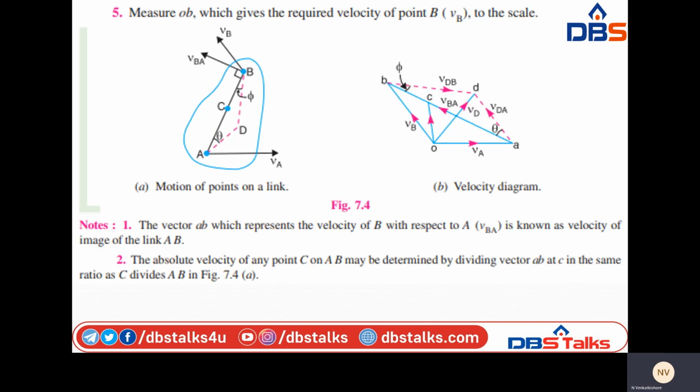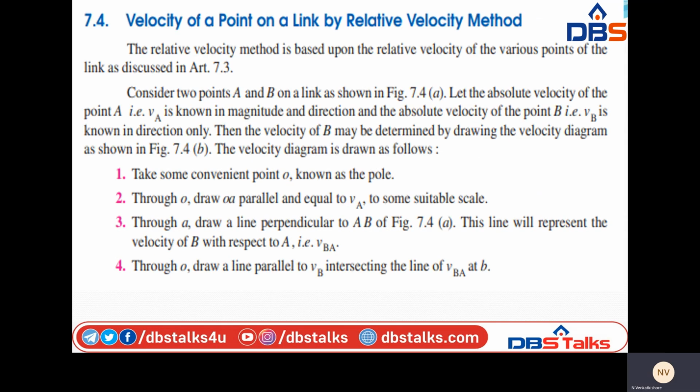So firstly, draw OA in the direction of the vector VA. So VA was constructed. Then through A, draw a line perpendicular to AB.